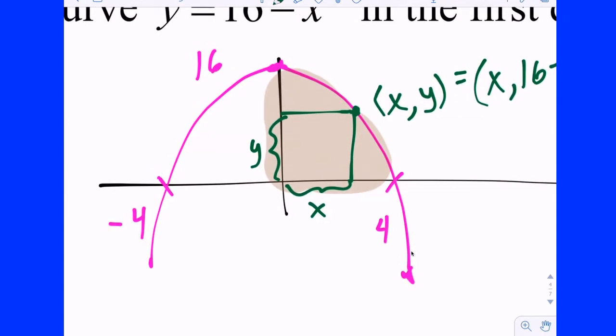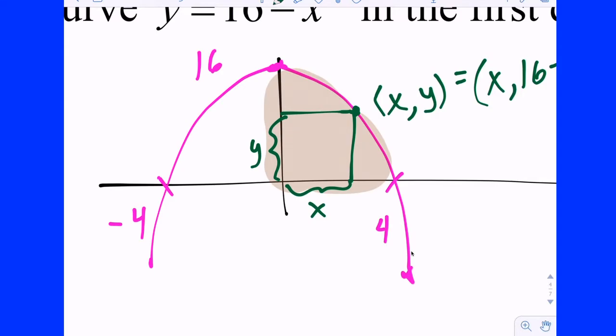Now, we do have a geometric shape we're talking about here, a rectangle. So typically, endpoints don't make sense for a geometric shape. What would be the absolute smallest x could possibly be? 0. If x were 0, what's happening to your rectangle? It's collapsed down to nothing, to a width of 0.